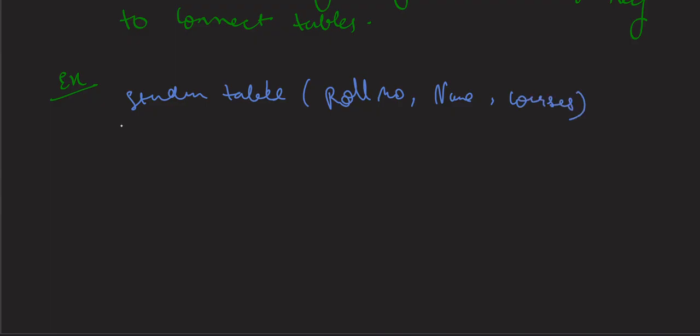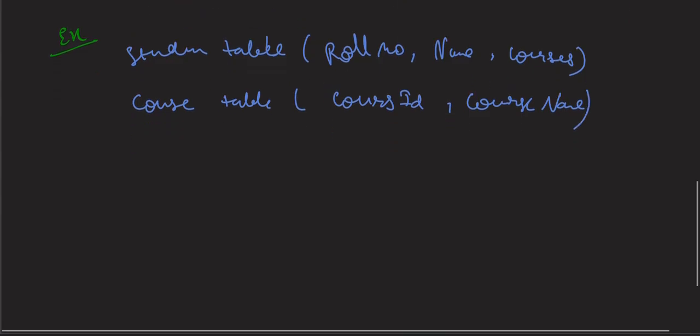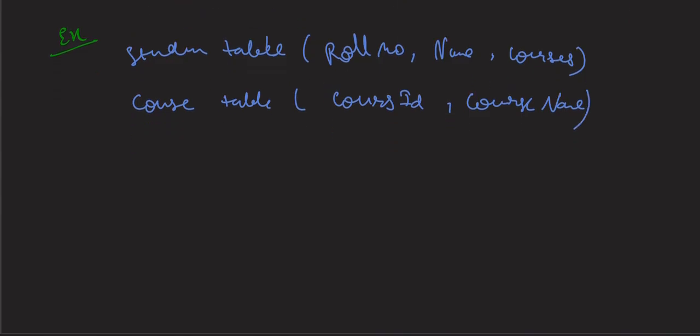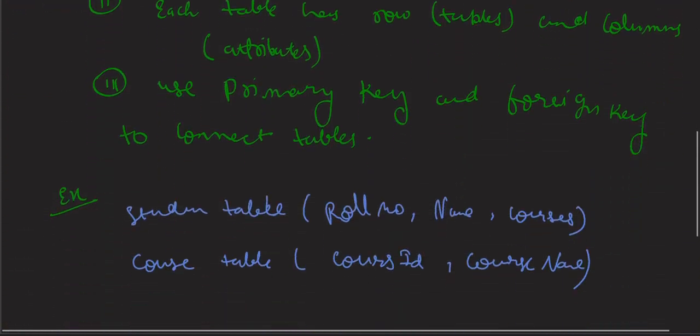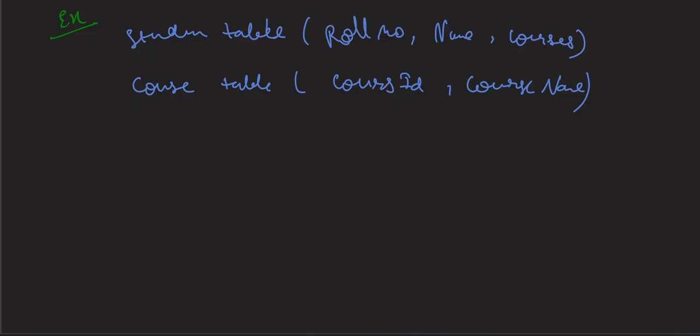Okay, and now a course table in which course ID and course name are there. Okay, so this can be an example of the relational model. So now we will see some advantages of the relational model, and there is one disadvantage also.